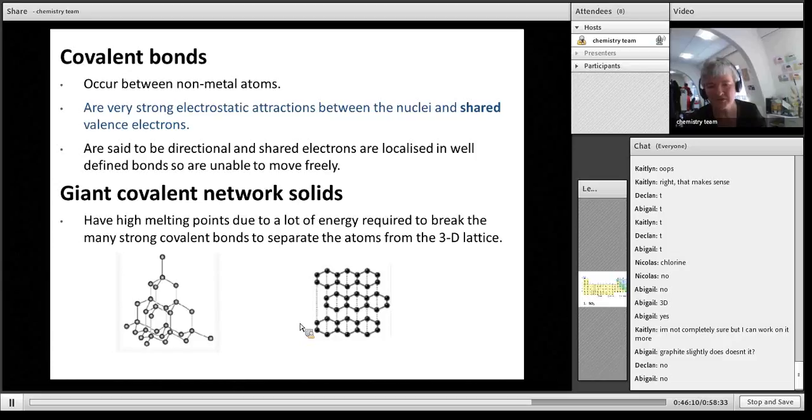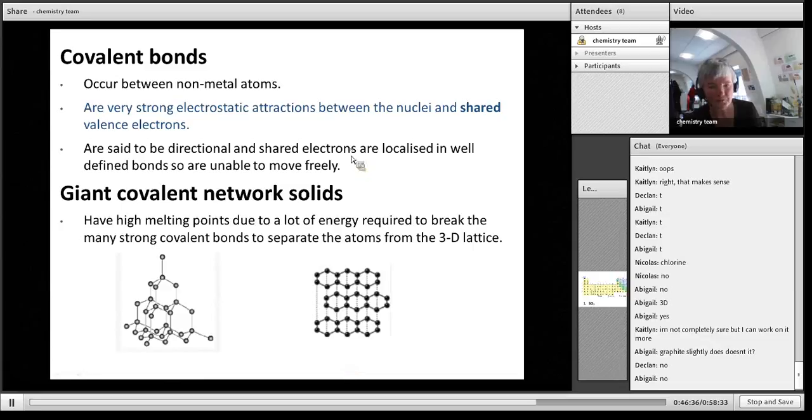So everything slides over each other easily in the plane of the layers. Metals, remember, can be hammered in any shape because there's no particular plane. Graphite, you've got layers in a particular plane. So if I tried and smashed it this way, would the layers slide over each other easily?